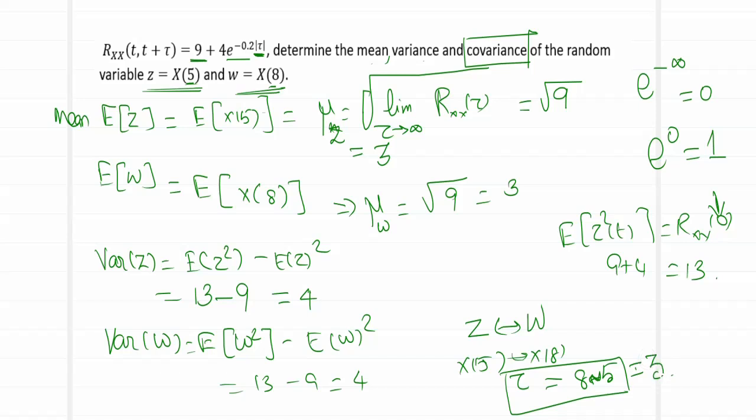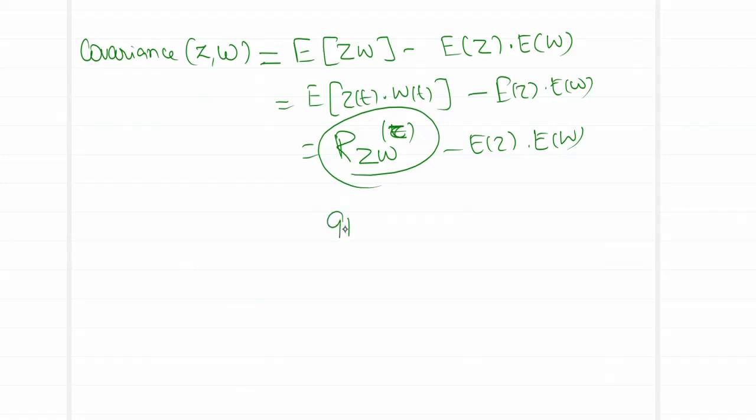So where will we have to substitute this 3 now? This 3 will be substituted in place of tau over here, because our tau is going to be 3. So what we will be having over here is, let me substitute, 9 plus 4 e power minus 0.2 times modulus of 3.